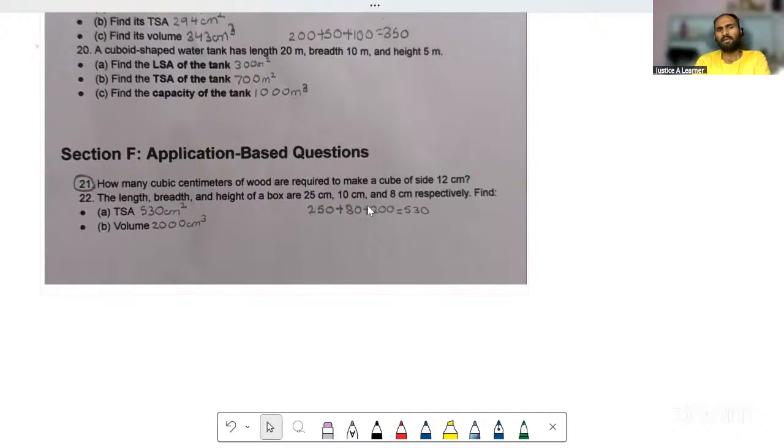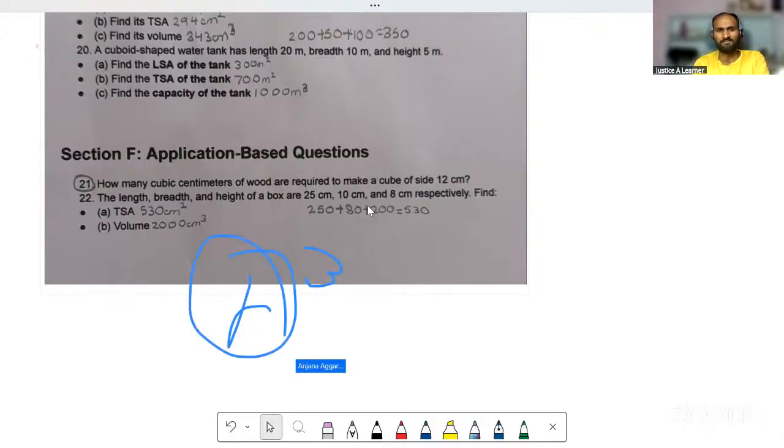So this is the same. When cubic centimeter is asked, it means it is asking for volume. Any answer of volume is always in cubic form, right? Cubic means power three. Like you call it meter cube, you call it centimeter cube.